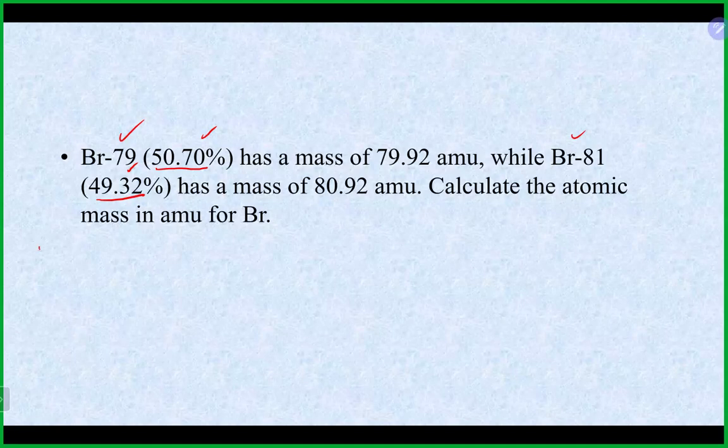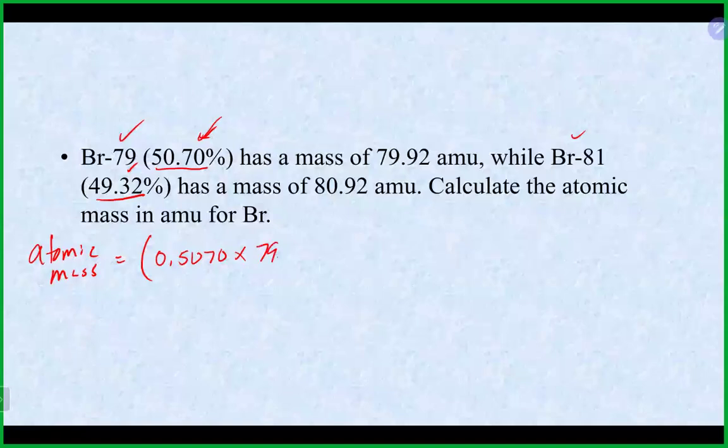To do the calculation, what we're going to do to calculate the atomic mass is we're just going to take each isotope. And we're going to take the percentage here, and you could either divide it by 100 or just simply move the decimal 2 places to the left, and you're going to times that percentage, which is 50.70, times the atomic mass of our first isotope.